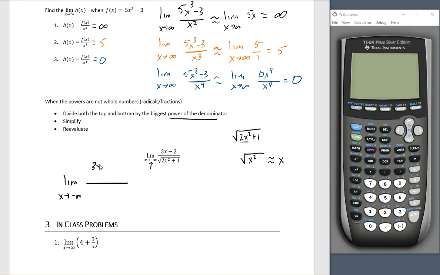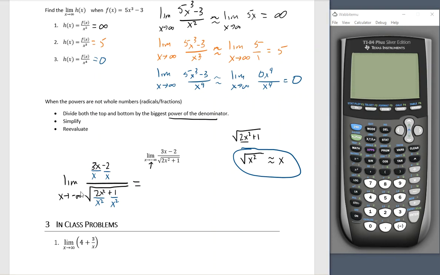So we'll take this 3x minus 2, and we'll divide. This is our blue biggest thing. So we're going to divide each of these by x. And here under the radical, I'm going to divide each of these by x squared, because x squared under the radical is the same as x when it's not under the radical.